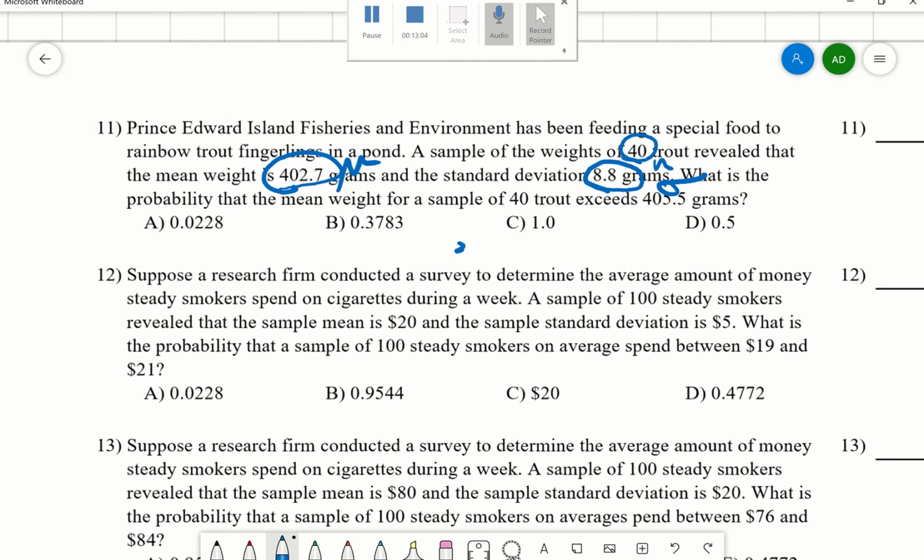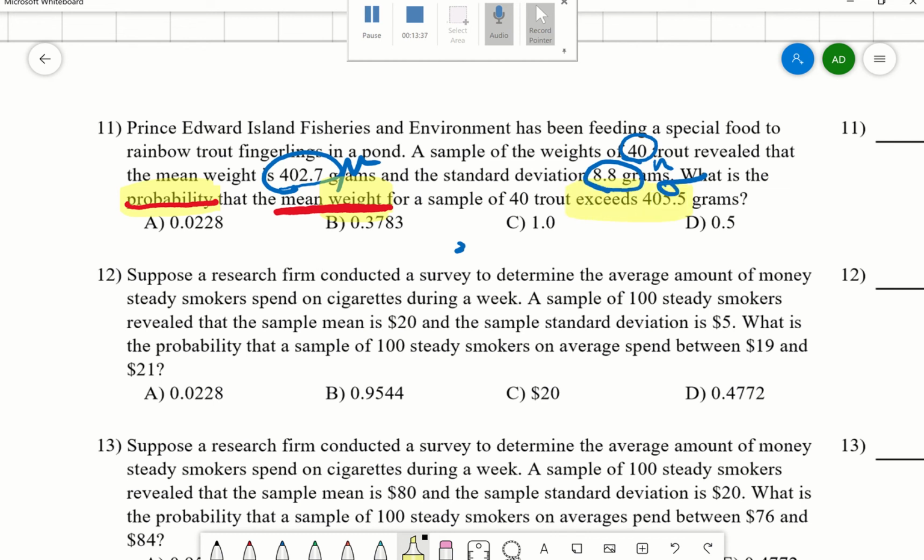So read again. So what is the probability? It's not asking what is it. It's not asking for weight. It's asking for mean weight. That's where chapter 7 comes into play. So in chapter 6, it was only this part, the highlighted part. It was asking what is the probability that the weight exceeds a number.